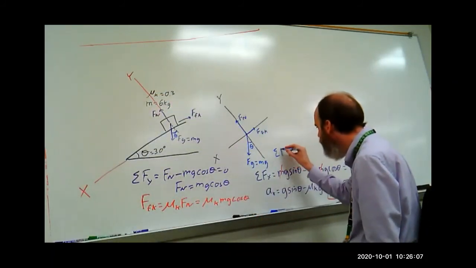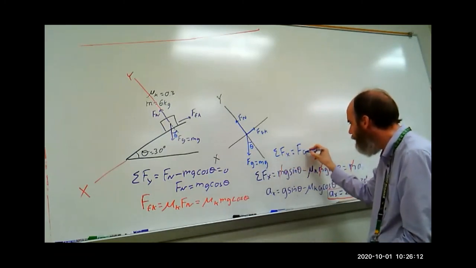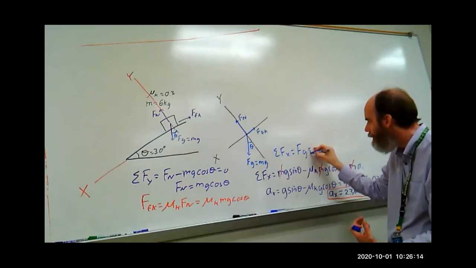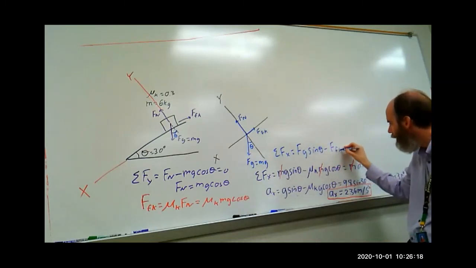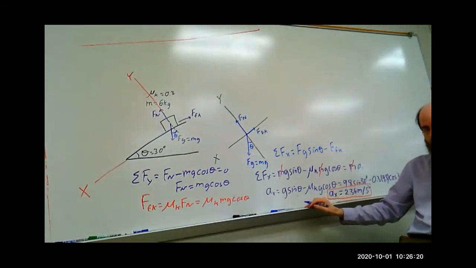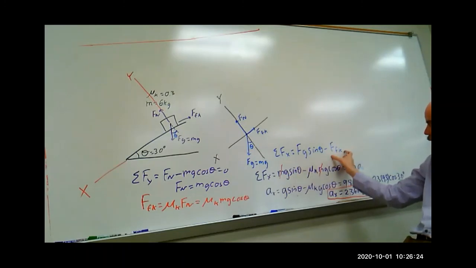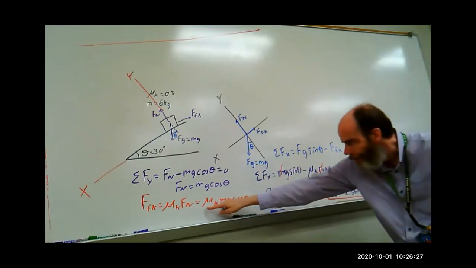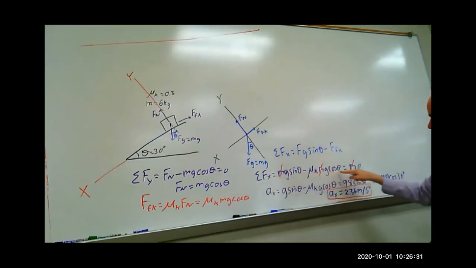So sum of forces in the x direction is force of gravity sine theta minus force of friction kinetic. And then I put in force of gravity is mg, so I have mg sine theta. Force of friction kinetic was right here, μk mg cos theta. So we have minus μk mg cos theta.